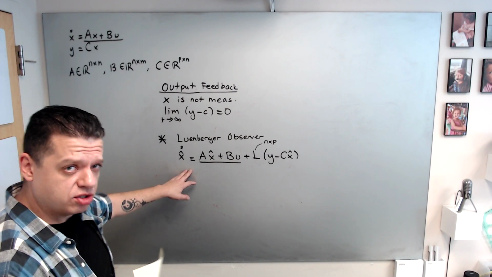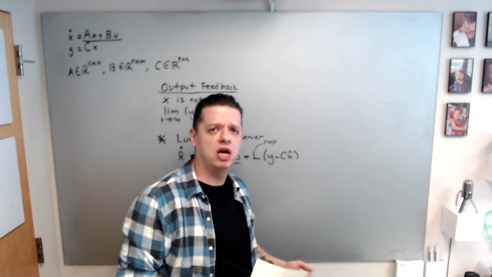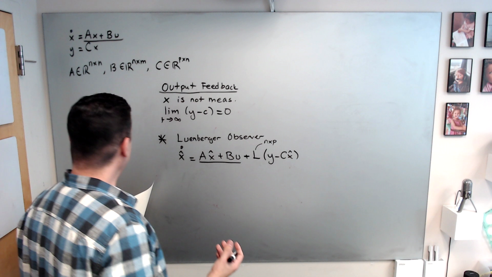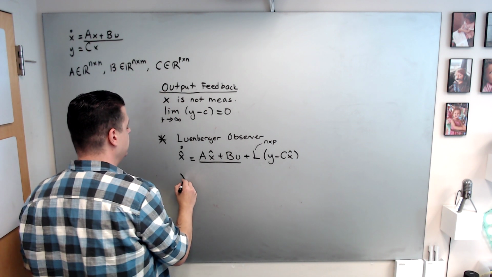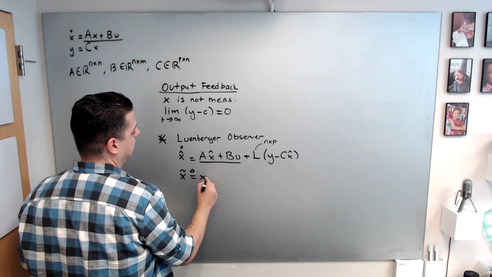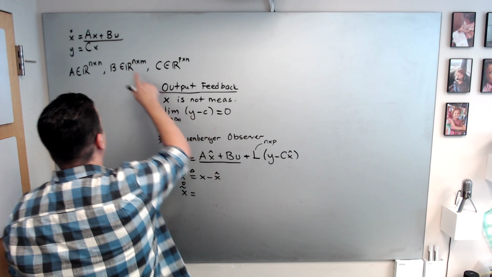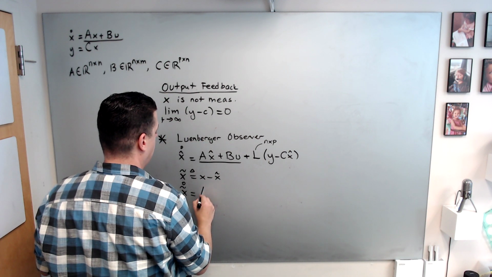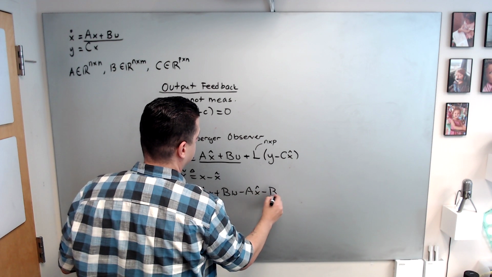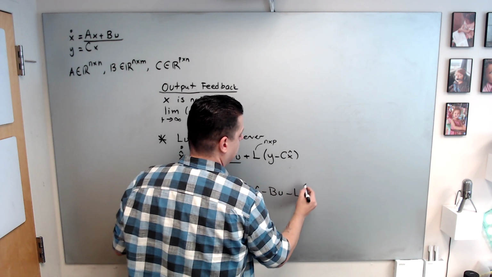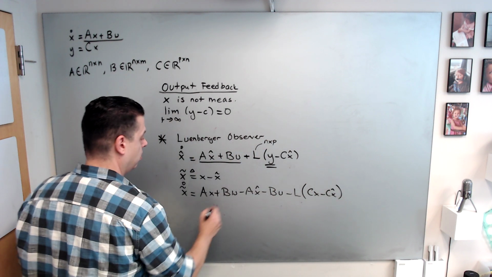Once you have that, we are trying to estimate the state so that we can mimic state feedback type approaches. To see if X hat converges to unknown X, I am defining an estimation error, X minus X hat, and I am taking its time derivative. Basically what we have is AX plus BU minus A X hat minus BU minus L times Y, and I am going to write Y as CX, minus C X hat. The BU terms cancel out.